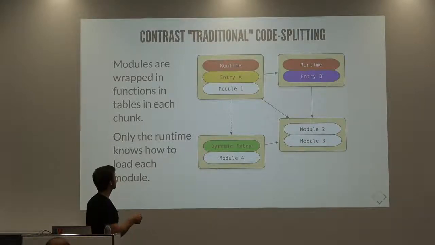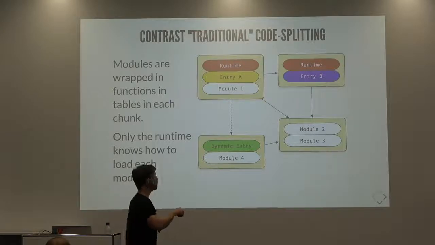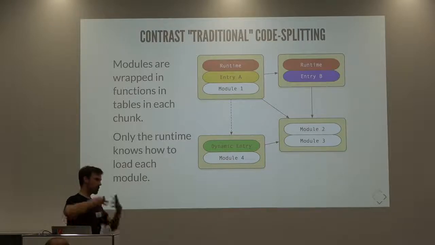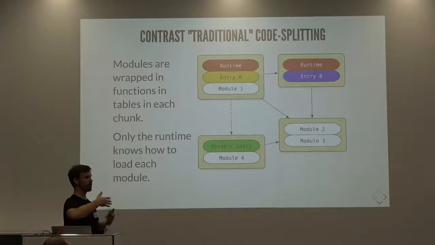And when, I don't know, module 1 says we need to load the dynamic entry, then the runtime looks in the table, the dynamic entry is in the file over here. Then I'm loading the file. It's some kind of proprietary wrapper code. And this, of course, is nice because it works, but it's also the end point. You cannot put any stuff on top of this.